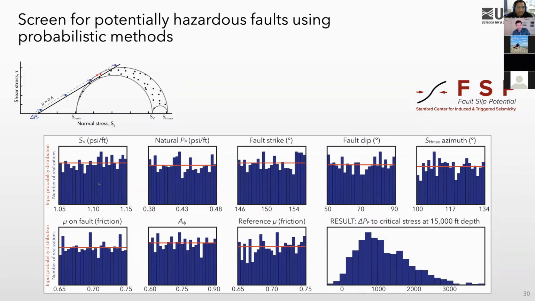And it allows you to do a Monte Carlo-based technique to account for the uncertainty ranges in every one of these parameters, the stress magnitudes and orientations, the pre-existing pore pressure, the fault orientations, and so on. And so you can have an idea for how sensitive a fault might be to an increase in fluid pressure in a probabilistic manner. So we can go beyond the sort of deterministic approach.